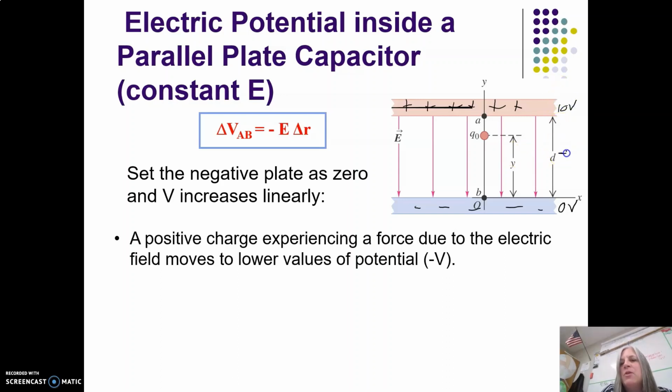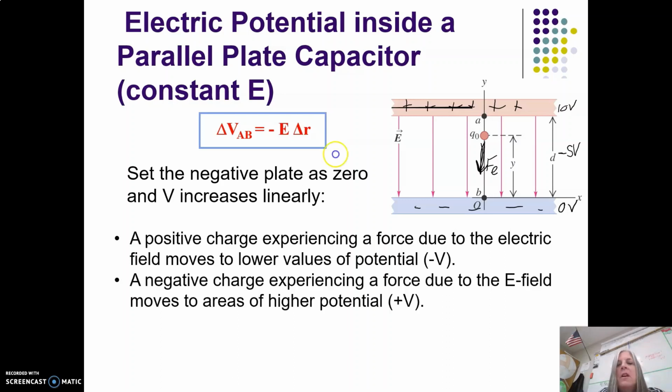And halfway in between, that would be like 5 volts. If I put a positive charge in this space, it's going to feel a force in this direction, sorry, that's supposed to be straight down, in the direction of the electric field. And so a positive charge is going to naturally move to areas of low potential.